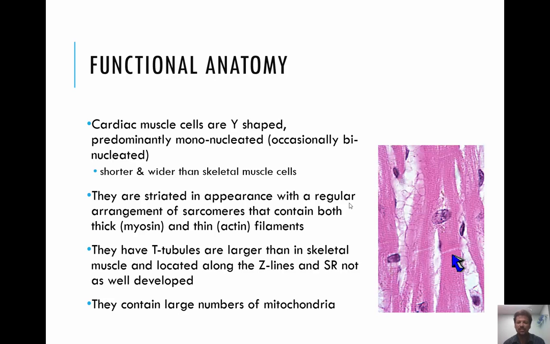Cardiac muscle has a large number of mitochondria, which reflects the role that cardiac muscle has to play in constantly beating, and the fact that that energy has to be supplied by a continuous oxygen delivery to the tissue. And cardiac muscle has T-tubules that tend to be larger, up to 5 times in diameter when compared to skeletal muscle tissue. And we'll see the importance of that in a little while as it relates to excitation-contraction coupling.